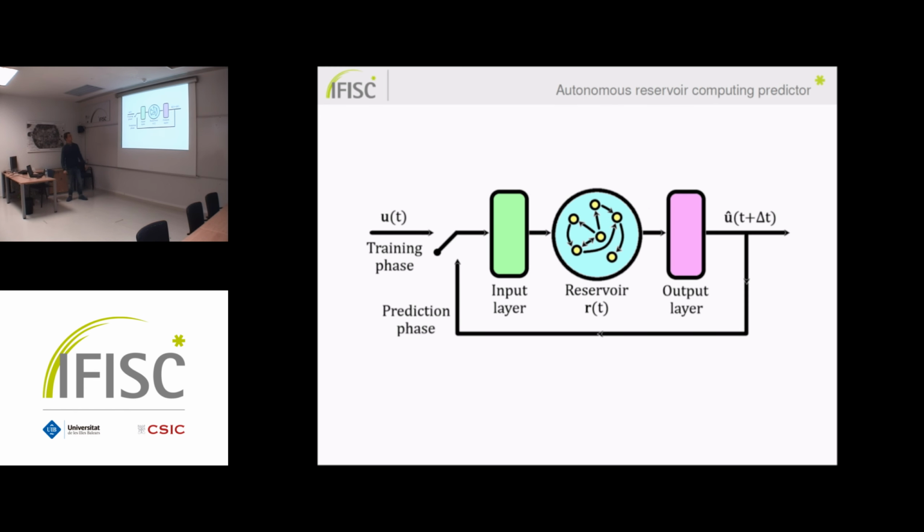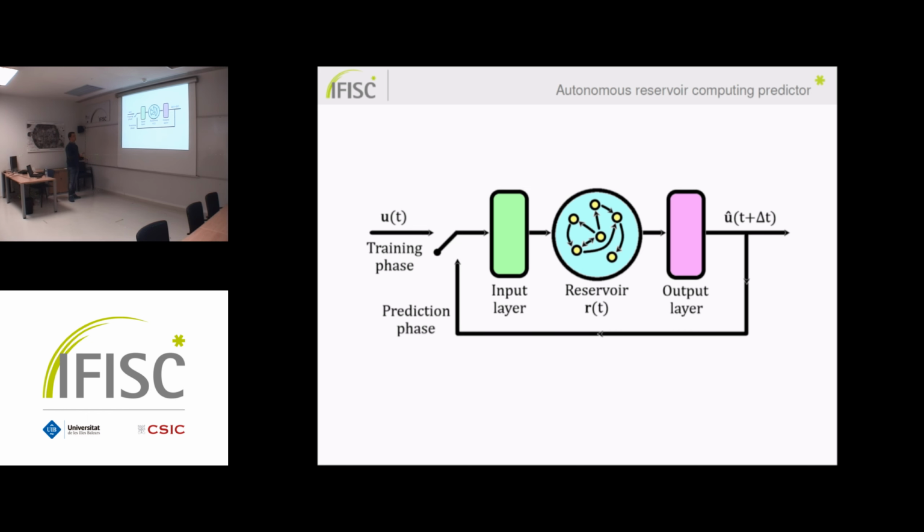This is the autonomous reservoir computing predictor algorithm, which is very similar to the cross prediction algorithm, although here we feed the reservoir with the whole set of measurements that we have, and what we aim to reproduce is the values of the variables at the next time step.